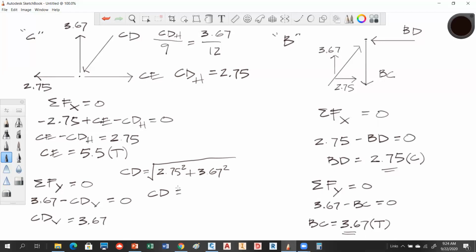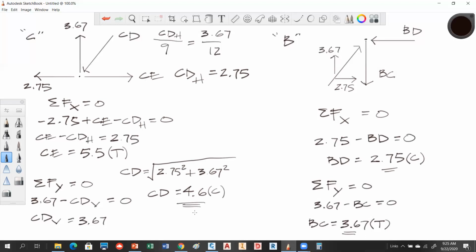Just be on the lookout, because if you're not getting that, that might indicate you got a mistake somewhere. I get 4.6 again. Yeah, so we already had that number, 4.6. And we indicated that as a compression member. So that's 4.6 kips compression for CD.